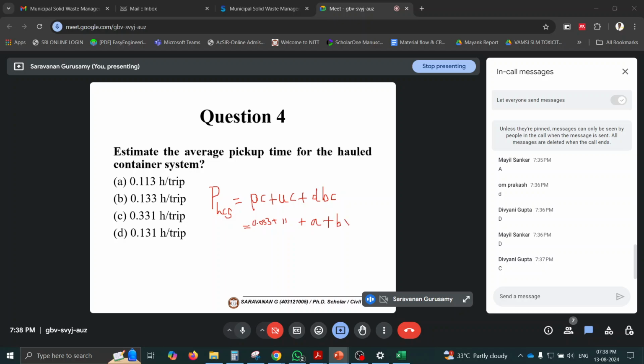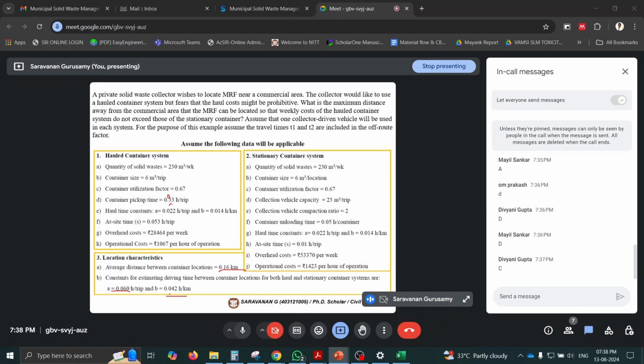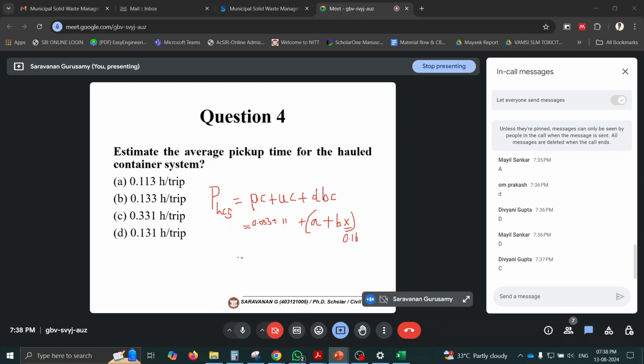Again A plus BX will come for H also, but this A and B and X are different. So here you can substitute 0.16 kilometer, and A and B are given as 0.060 and 0.042. You can substitute and tell the answer. I hope you understand the pickup time: pickup, unload, and the distance travel, I mean time required to travel between the stations.